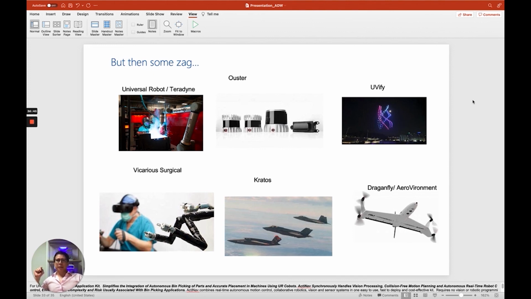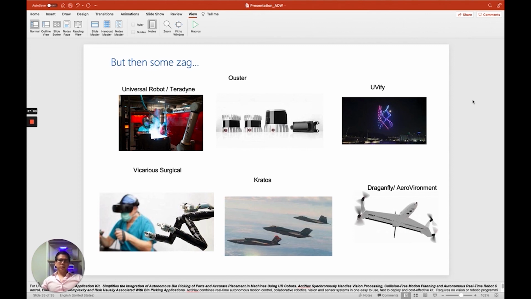Dragonfly, AeroVironment, U.S. and North American built drones that serve different markets. Again, Kratos, Ouster, again, because they don't just simply chase the autonomous vehicle market.